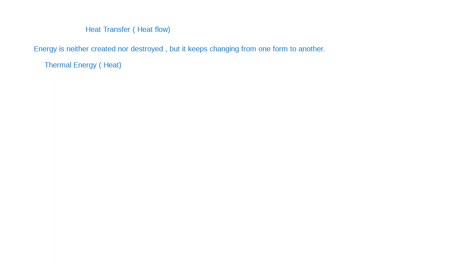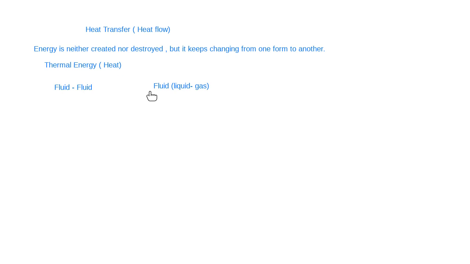The word fluid means either a liquid or a gas. Anything that flows is known as a fluid. So it could be a liquid or a gas. But the concept is applicable to solids as well, even if you are talking about stationary solids.